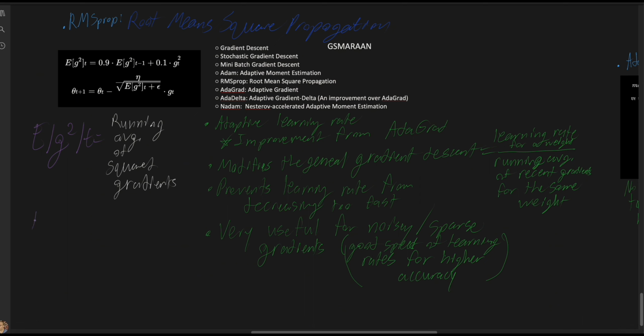And then we have mu, the following symbol, as we know, which is the learning rate. Then we have epsilon, a small constant for numerical stability.